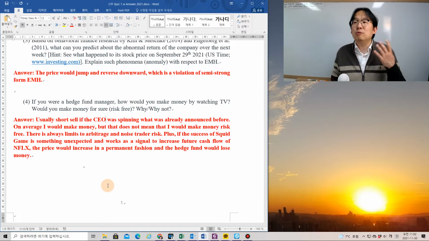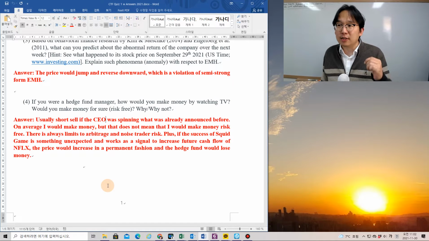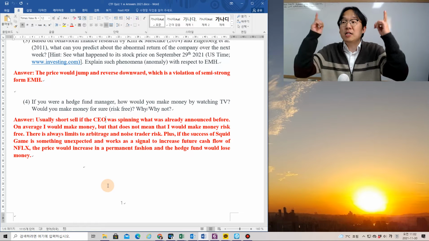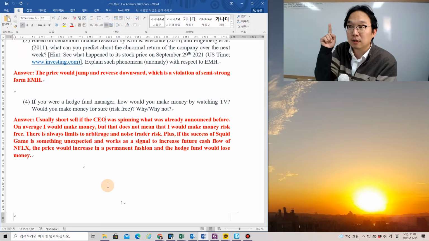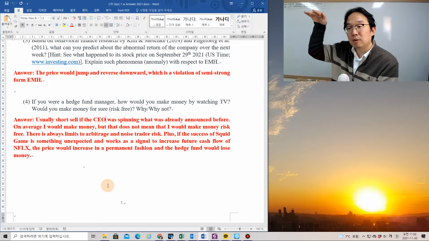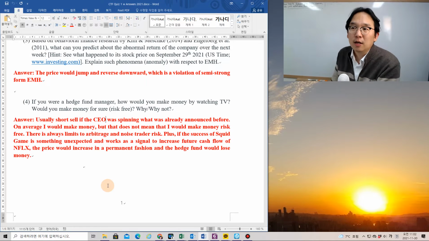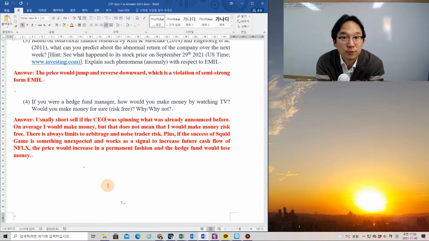So all that positive information must have been priced. Then the CEO comes up and spins in a more positive direction, so you will have a more positive jump instantly. And then subsequently, on average, it will go down. That's our prediction, and paper after paper, we find those things.